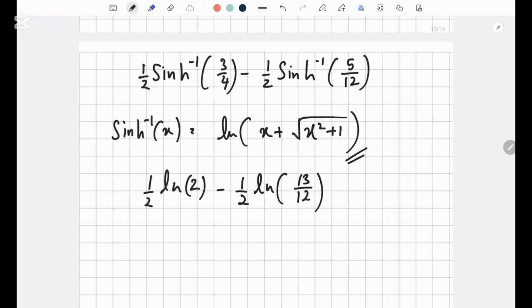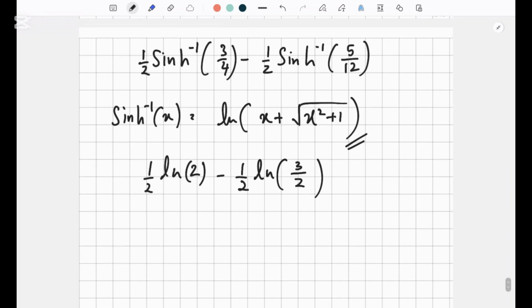Let me check that again. Oh, I'm sorry, I get it as 3 over 2 now. Let me just recheck one more time. 5 squared plus 1 is 13 over 12, plus 5 over 12. Yep, 3 over 2, sorry. And then this is what you get.